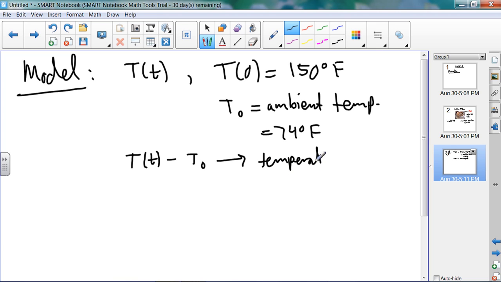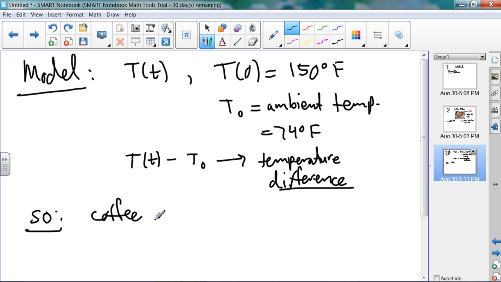We intuitively know that it's only when you have a temperature difference that the coffee is going to change temperature. And we know, just based on our own experience, that coffee at 150 degrees Fahrenheit cools down to 74 degrees Fahrenheit. So our coffee is cooling down. Now, let's think about this in terms of derivatives.